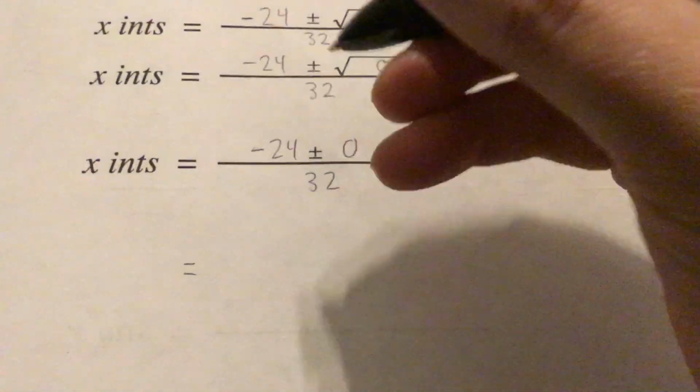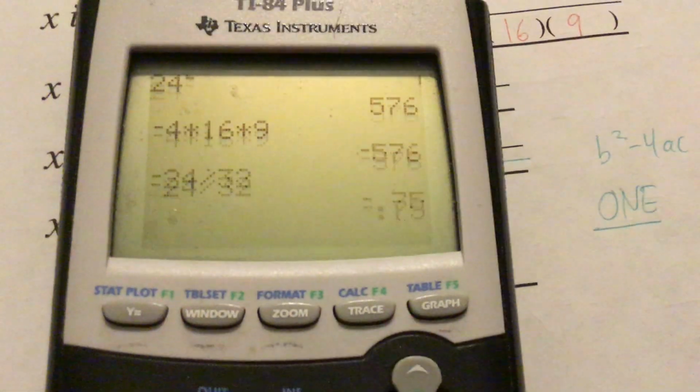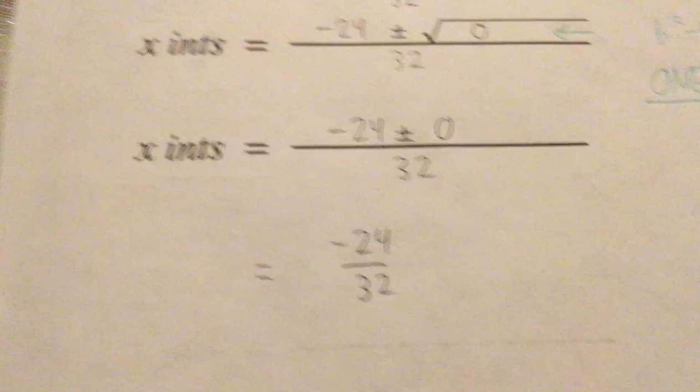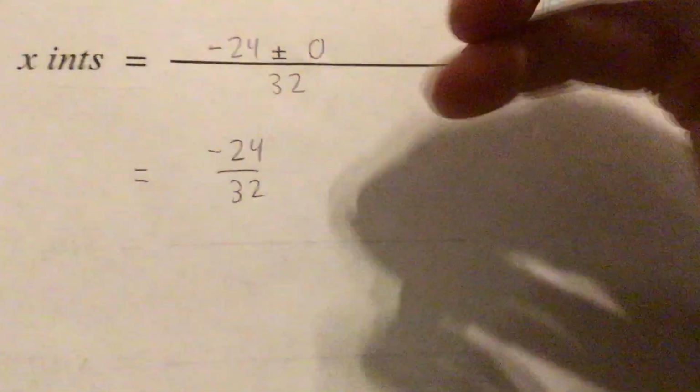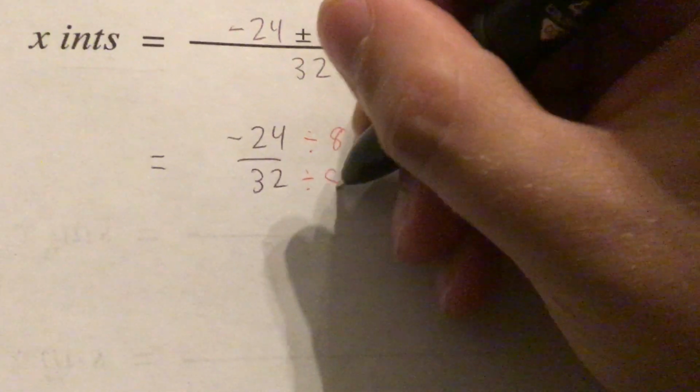So all I need to do is just write negative 24 over 32. And I could simplify this fraction. Let me see if it ends up as a nice decimal first. Negative 0.75. So in other words, I could reduce this by dividing the top and bottom. I could divide by 2, I could divide by 4, I could divide by 8. Let's make that easy.